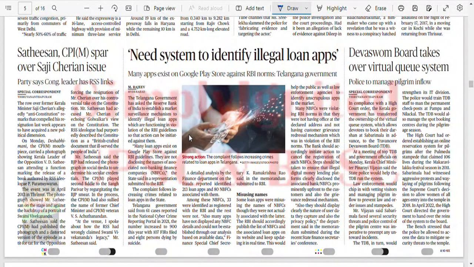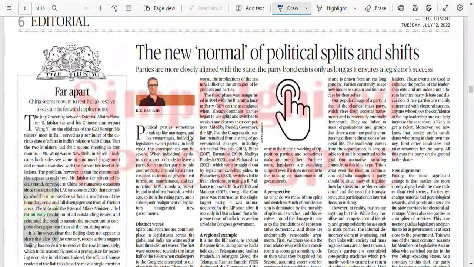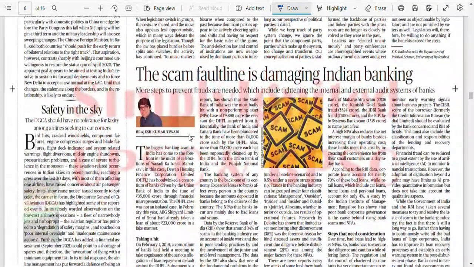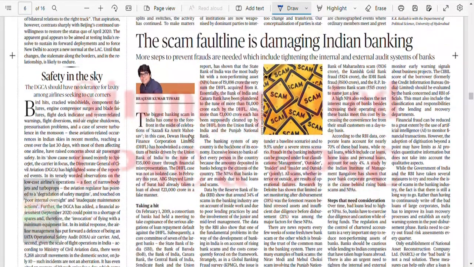Just know this: we need a system to identify illegal loan apps. The new normal of politics is not required. The scam fault line is damaging Indian banking. You can give it a read. More steps are needed to prevent fraud. Okay, we'll do this.